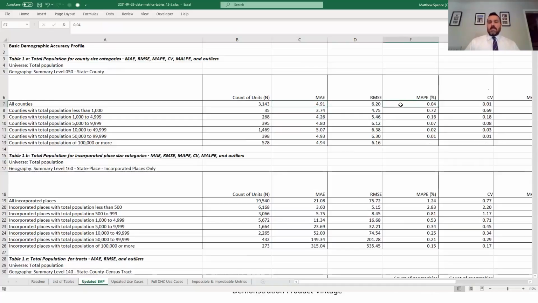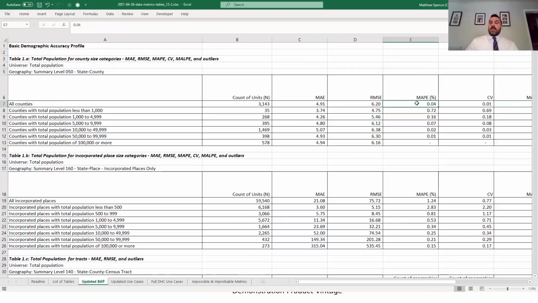Another way to look at that is the MAPE, or mean absolute percent error. And this is a percentage relative error. So instead of looking at just the overall change, oh, you gained 5 people or you lost 5 people, you look at the relative change. So this county gained 0.5%, that county lost 1%, that county gained 2%, and you sum up all of that and take the average.